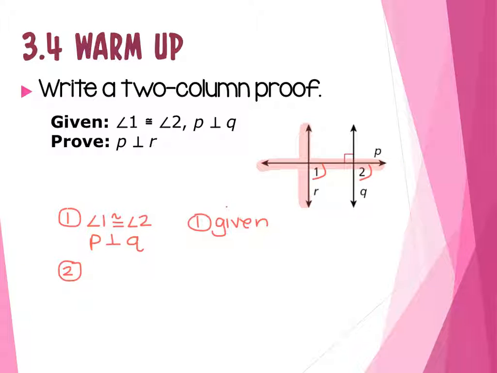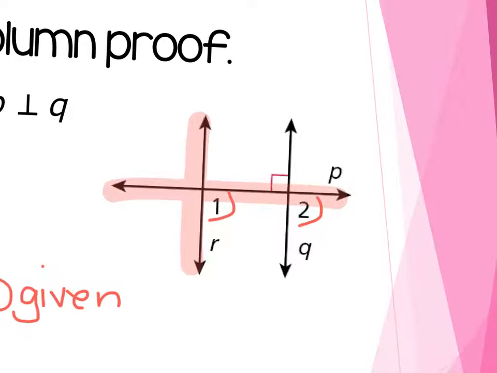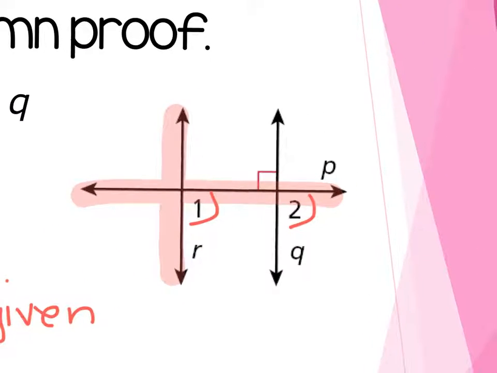Does it make sense that they would be perpendicular? Just say I gave you that given information, and without the proof I said, would P be perpendicular to R? How? Because they're alternate. Oh wait, no. Corresponding, right? So 1 and 2 are corresponding, right? We agree on that?